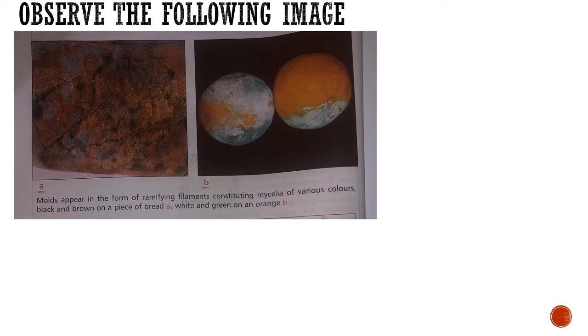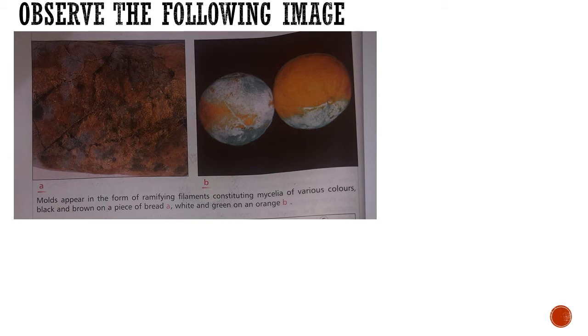Now I want you to observe the following image. We have two pictures, picture A and picture B. And there is a sentence written as a title of those figures: molds appear in the form of ramifying filaments constituting mycelia of various colors, black and brown on a piece of bread in A, and white and green on an orange in picture B. So we have here a piece of bread and an orange, and they said that there is mold on them that is made of ramifying filaments called mycelia.